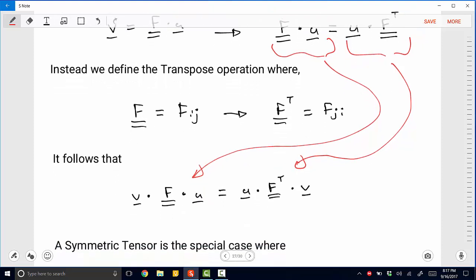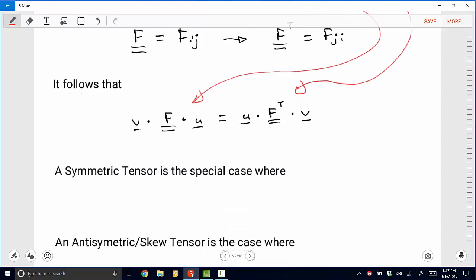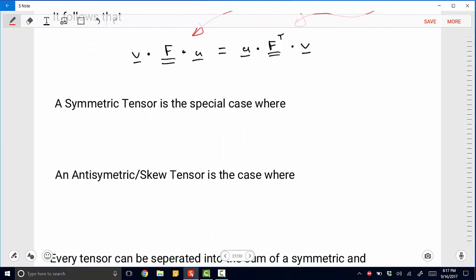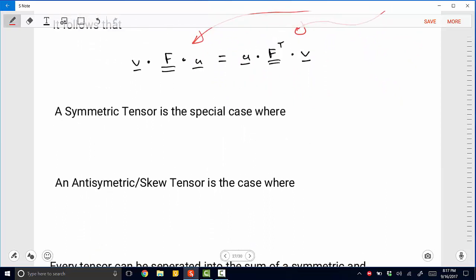So from this, we can define the idea of a symmetric tensor and an antisymmetric tensor. A symmetric tensor is a tensor with elements where the tensor F is equal to the transpose of that same tensor.